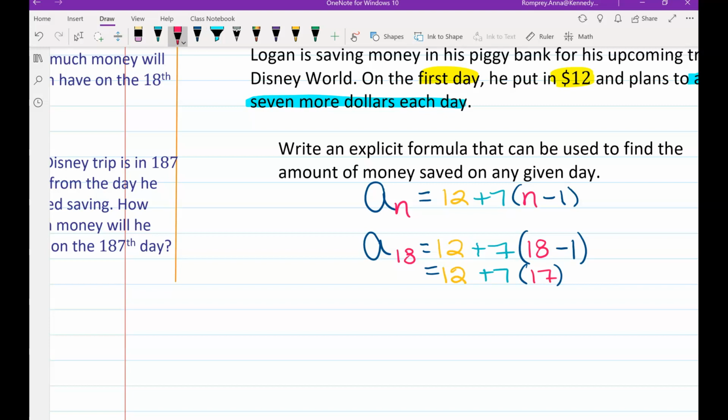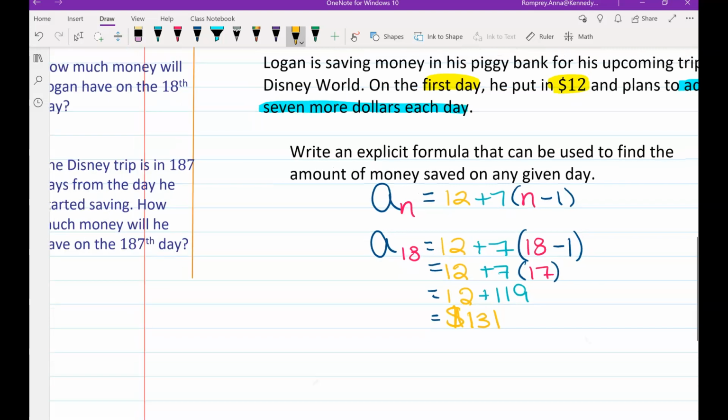So 7 times 17 gives us 12 plus 119. So on the 18th day, Logan has $131. Awesome. That's pretty good. 18 days and you already have over $100. I don't know where he's getting the $7 from to add, but that's pretty cool.